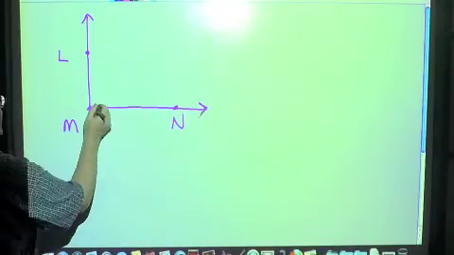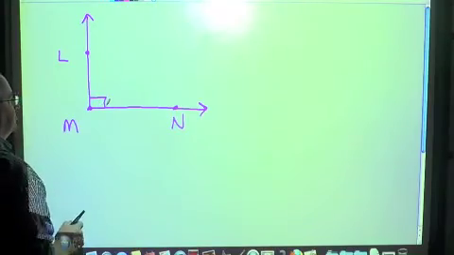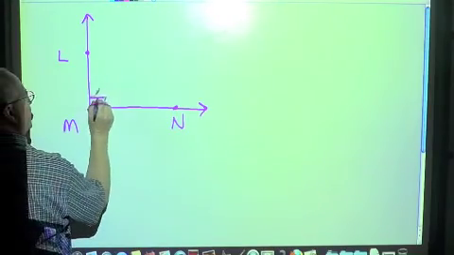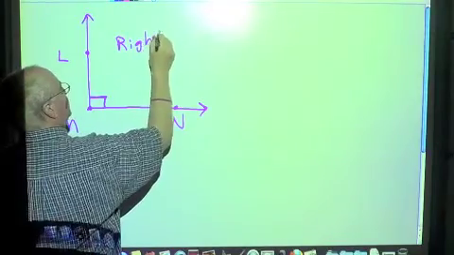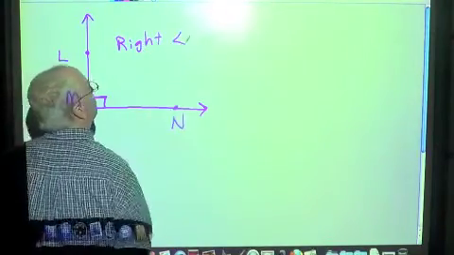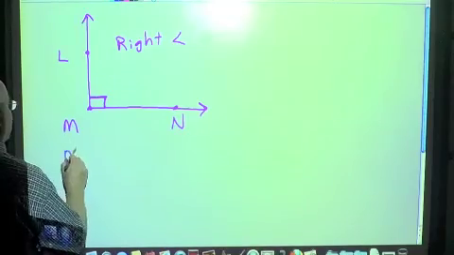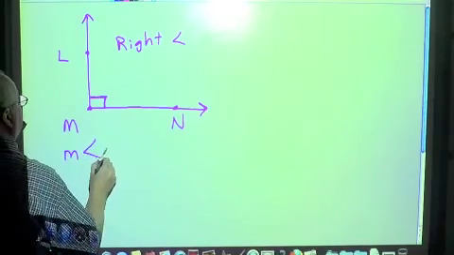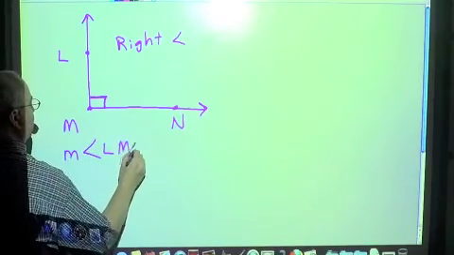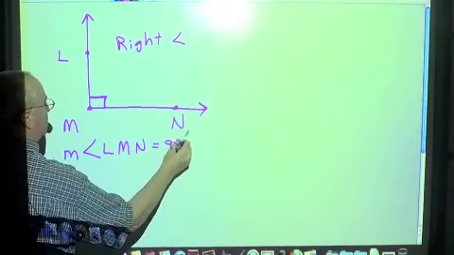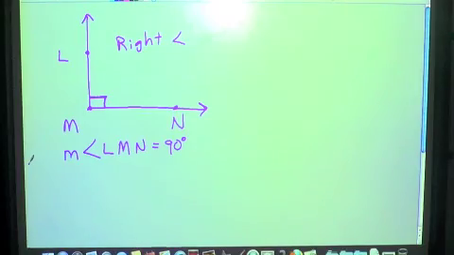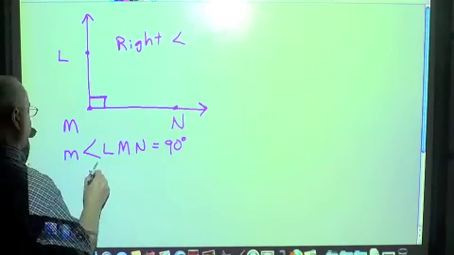If we have an angle whose measure is 90 degrees, this is known as a right angle. Okay? The way we say it: the measure of angle LMN equals 90 degrees. Okay? This is a right angle.